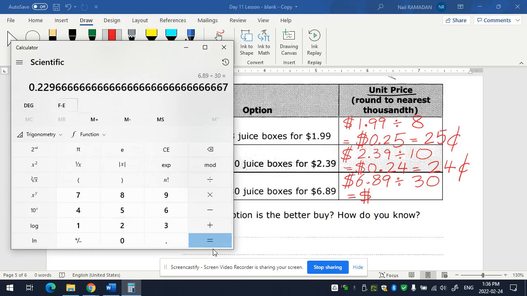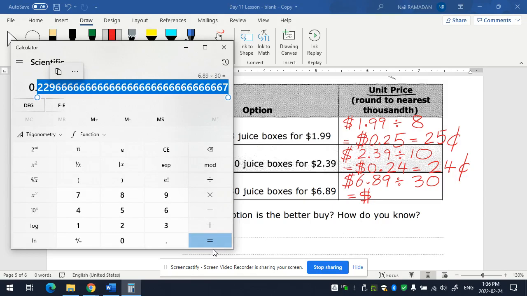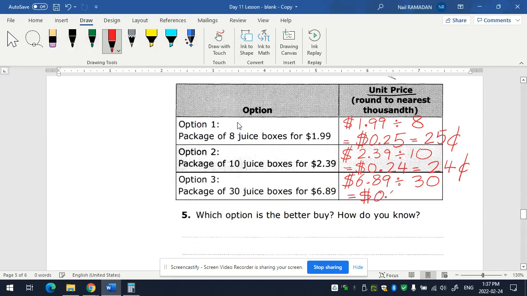Well, it doesn't matter. We're not gonna care about those later digits because we're eventually gonna cut it right here. So 0.22 again. So 0.229. This 9 will bump the second 2 up to a 3. So 0.23, or 23 cents.